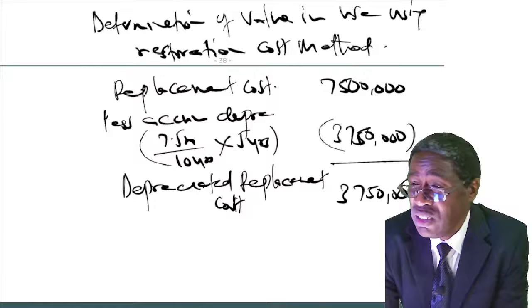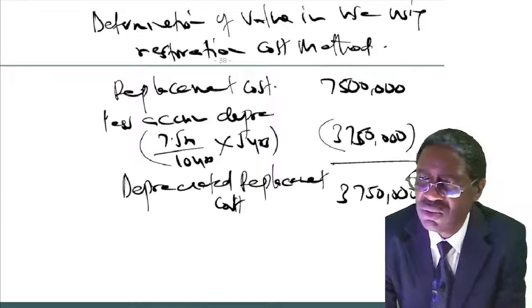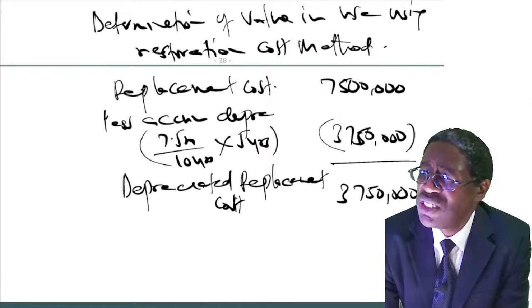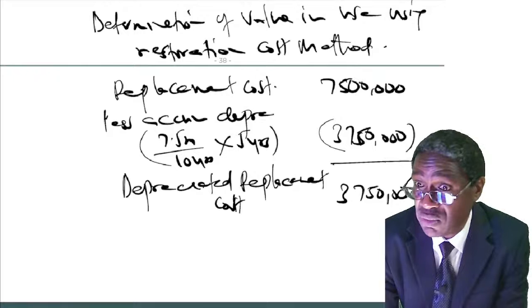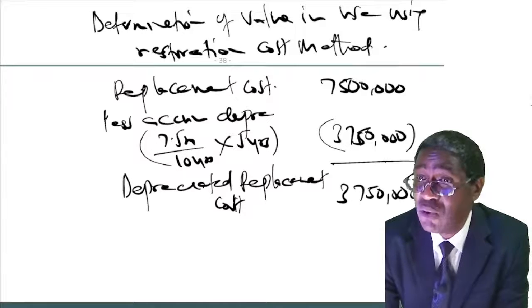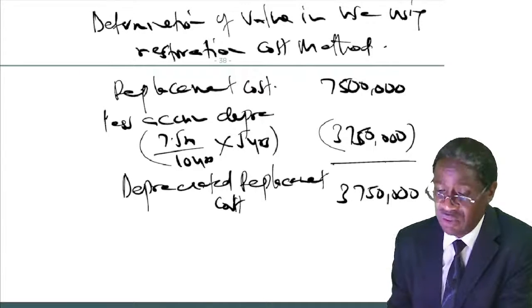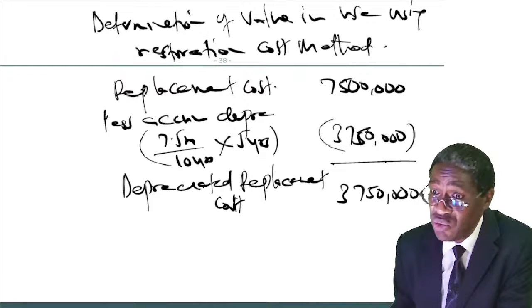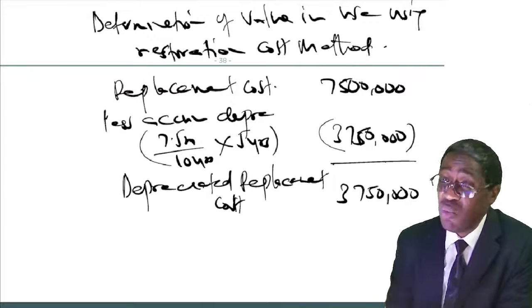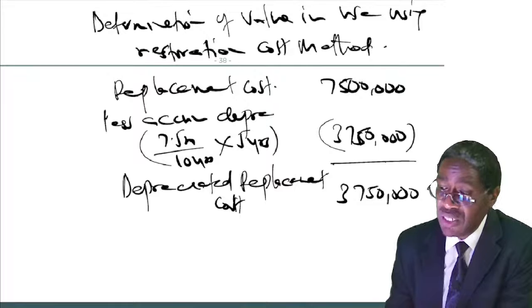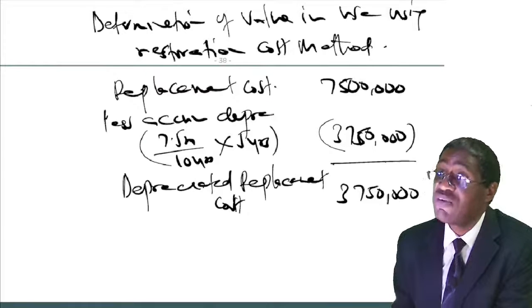Meaning, there is no net realizable value. So if we were using the depreciated replacement cost, then the recoverable service amount would be 3.75. If that is the value in use, and I compare with the net realizable value of 0, the recoverable service amount would be 3.75 million.